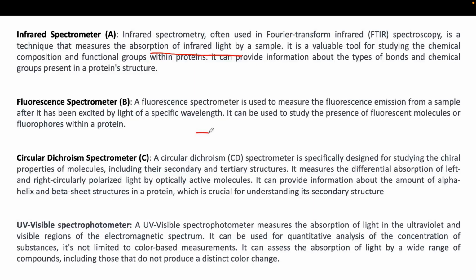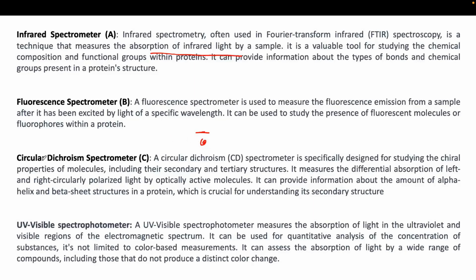If it is present on the surface of the protein, it will give a higher intensity. If it is present in a buried region of the protein, it will give a low fluorescence intensity. On that basis you can find out the location of the fluorophore molecule, as well as the conformational changes inside the molecule.